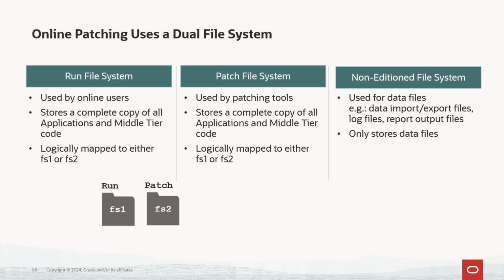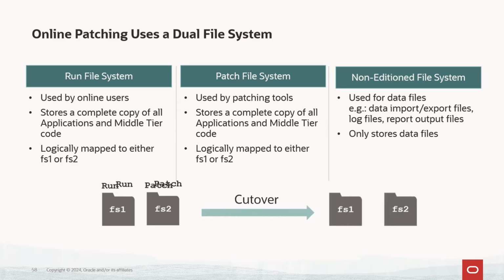And at any point in time during the patching cycle, one of those file systems will be designated as the run file system that's in use by online users, while the other file system, and here we're showing file system 2, is the patch file system that's in use by the patching tools. It's during the cutover period that the logical designations are switched.